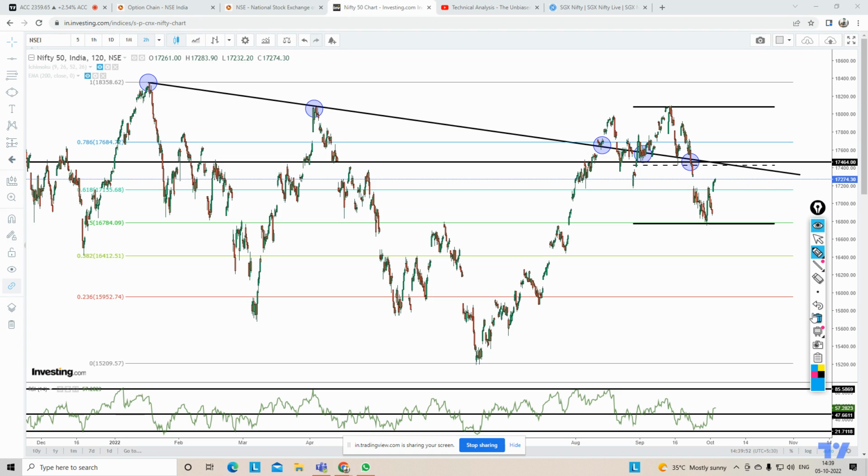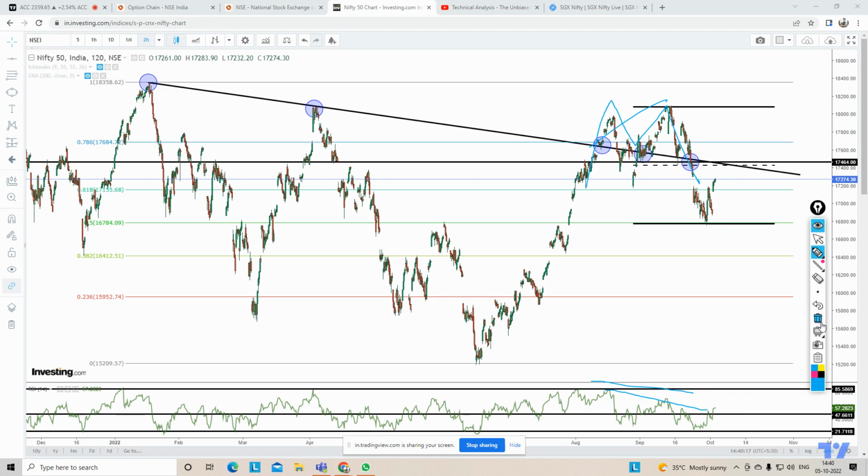Now there is an interesting area which is getting generated. This long resistance trend line was deciding the trend for Nifty with respect to support or resistance: either the market was taking a resistance below this, or finally the market gave a breakout. However, when the market gave a breakout, it made an M kind of pattern with a negative divergence over here.